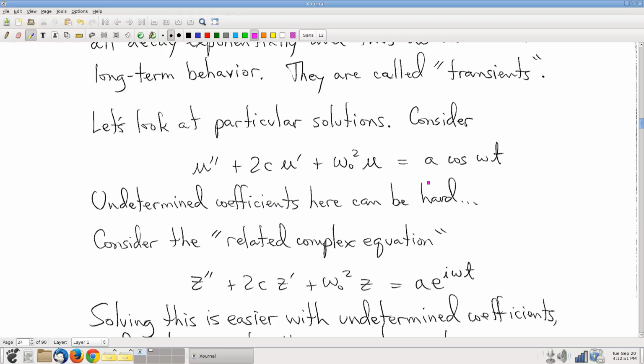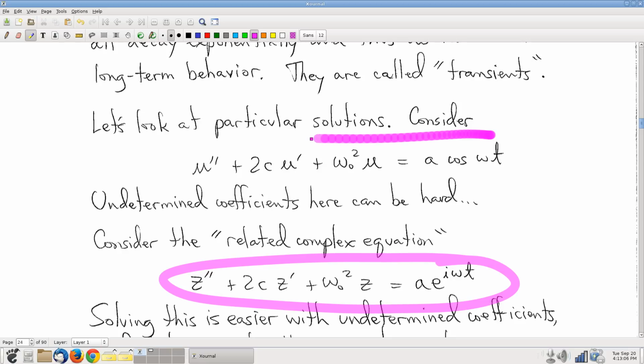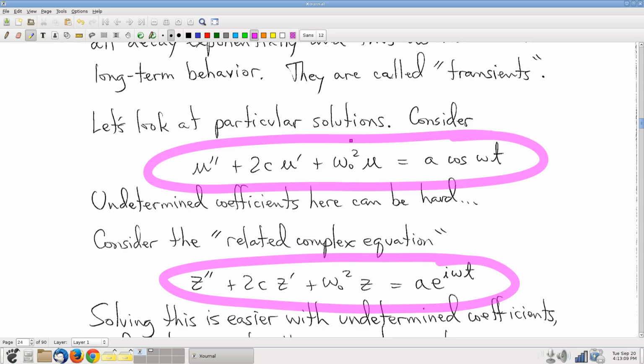We're going to discuss here a really clever and valuable method to simplify this problem, and that is to consider a related equation. We're going to consider what I'm going to call the related complex equation that looks like this. So I claim that is related to this. Now you'll notice that the coefficients are the same.